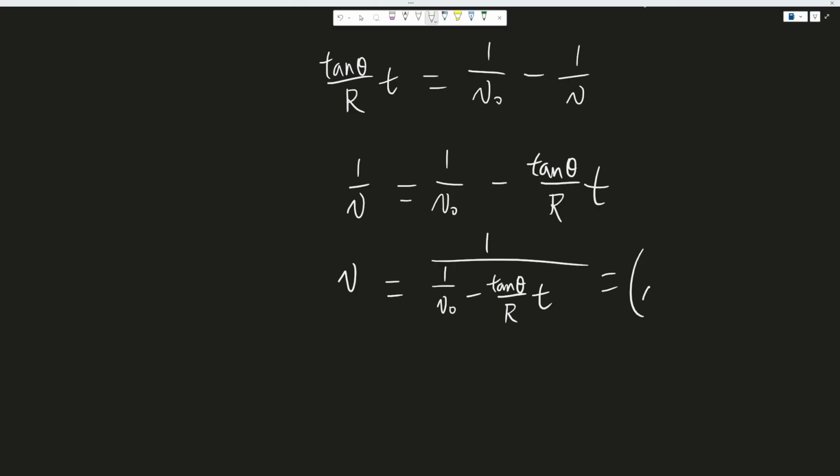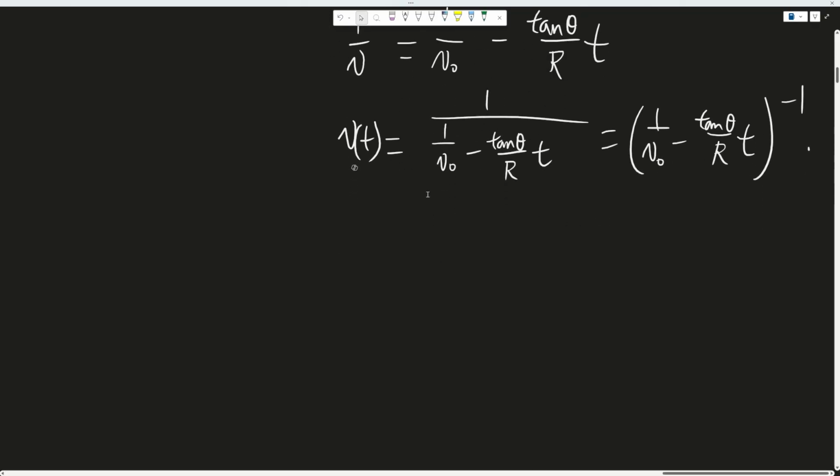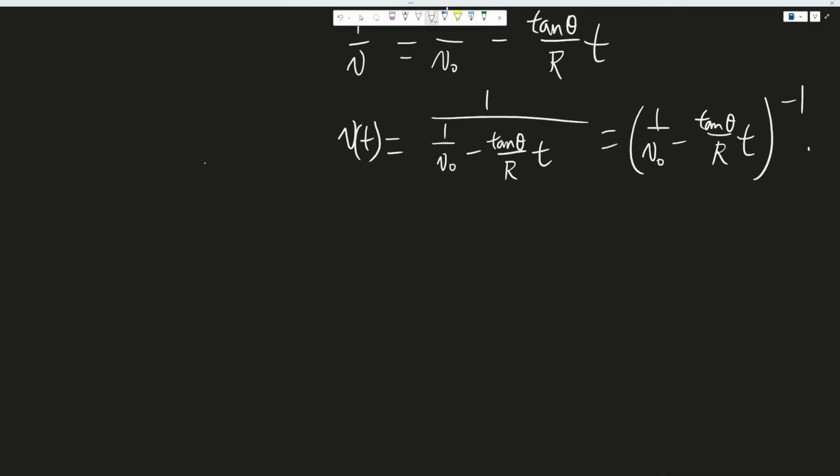Just to be neat, we can also write it to the power of negative 1. This is a lot neater. So this is a function of t, and this is the first part of the question: the speed as a function of time.